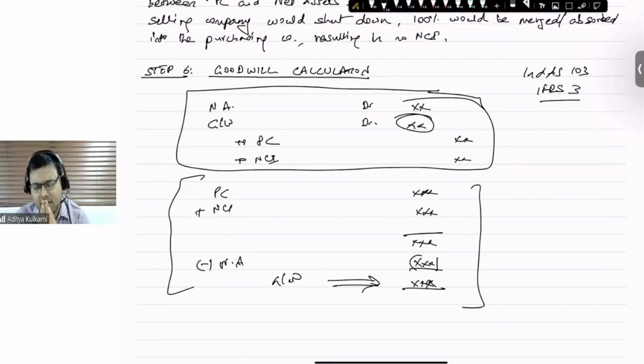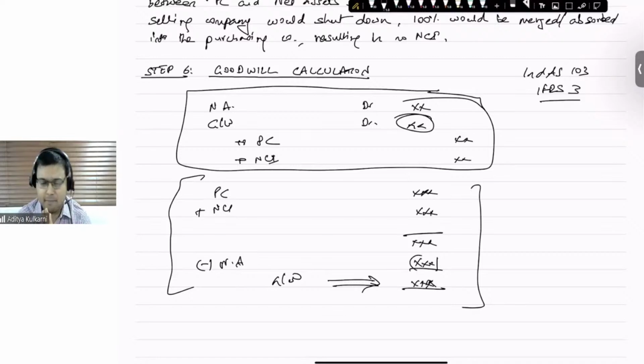Now coming to IFRS 3. What it tells is, if this PC plus NCI minus net assets is a positive figure, fine, we are happy. I mean, we assume that you have done the net assets, PC, everything at fair value.